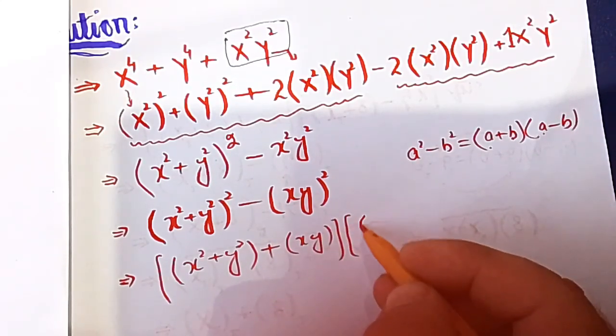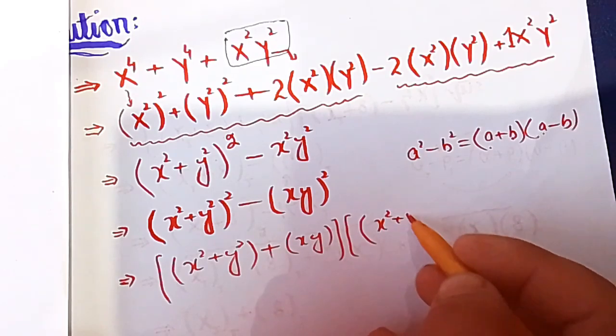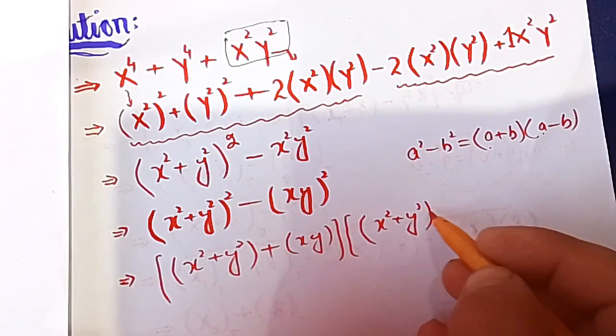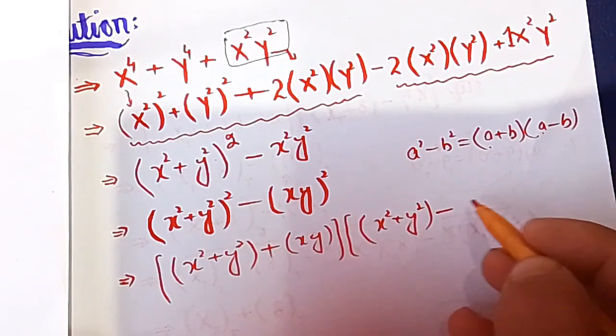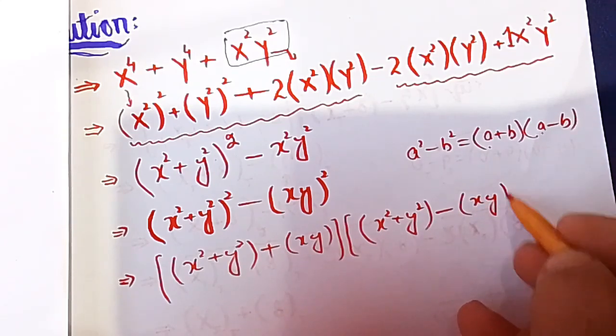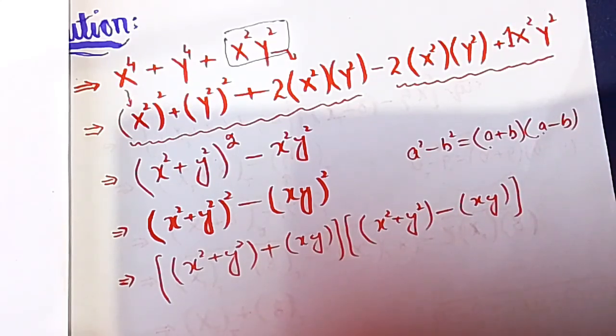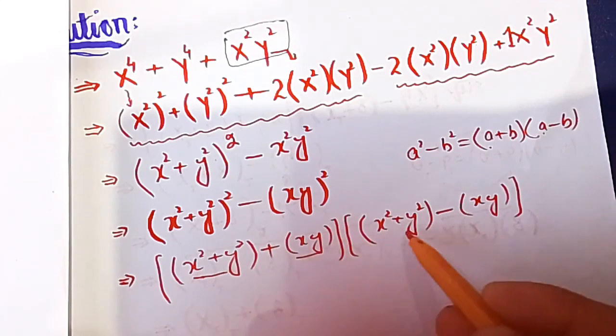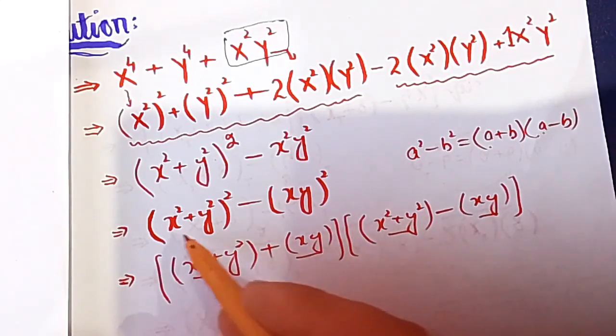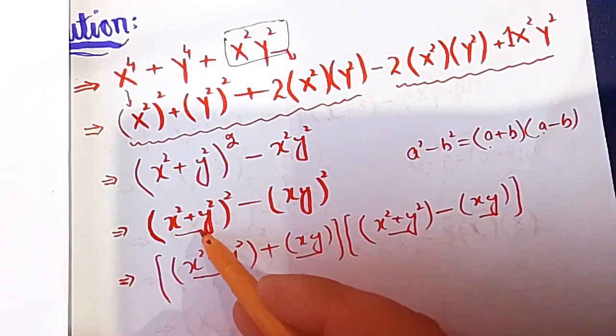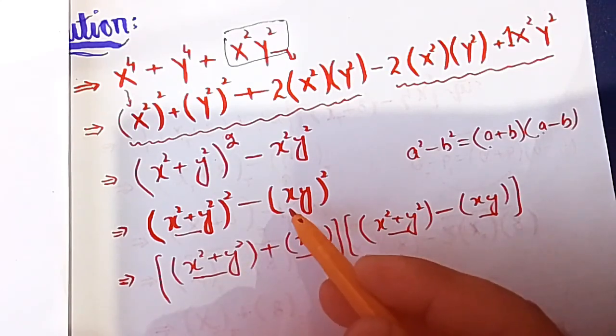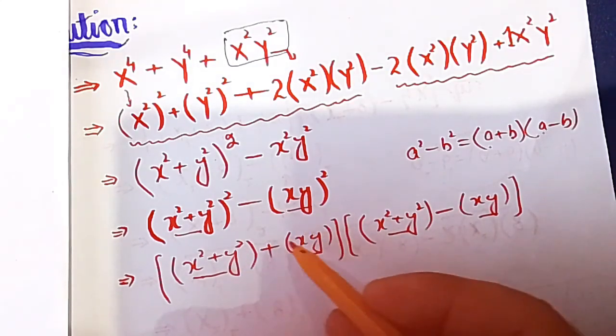Similarly, here we write the first one and use minus the second one. So it is first plus second, first minus second, because first is x square plus y square, and the second one is xy.